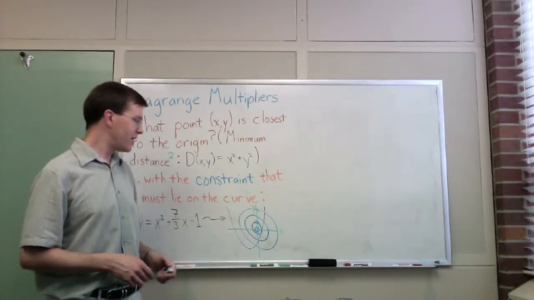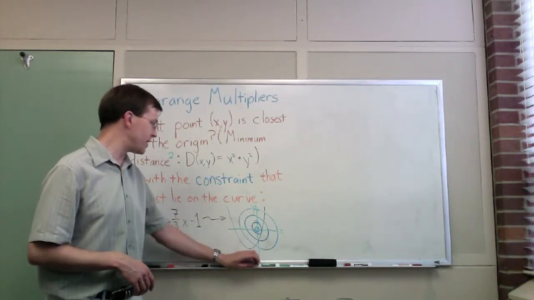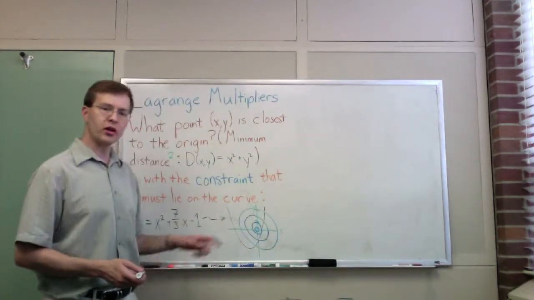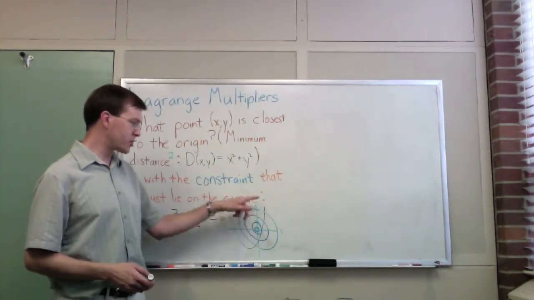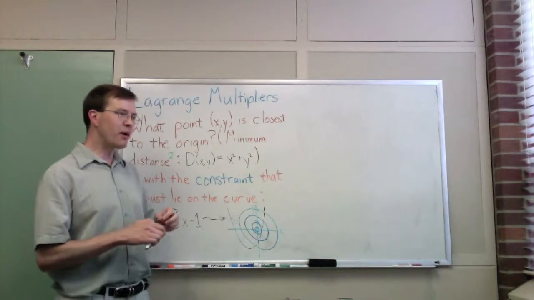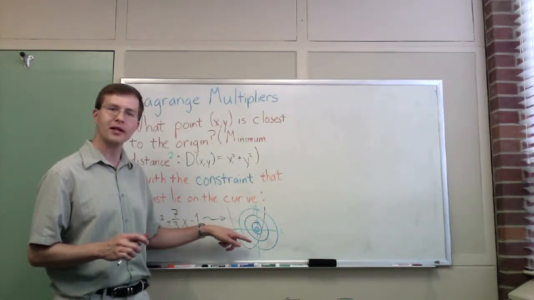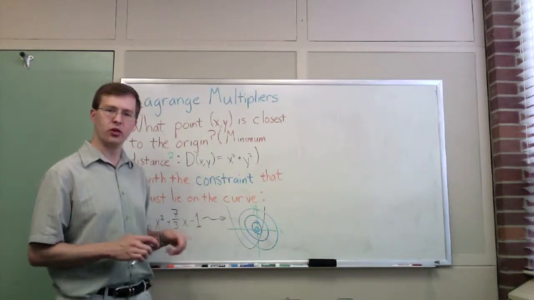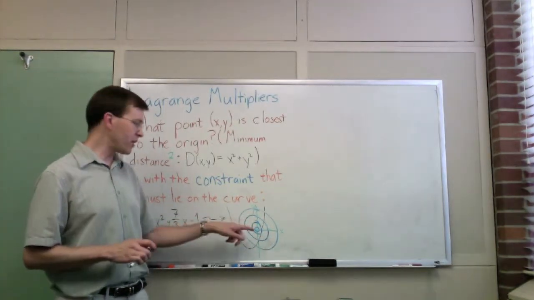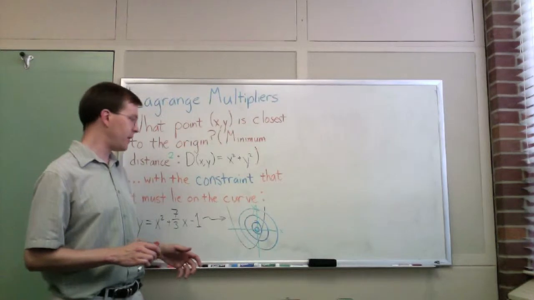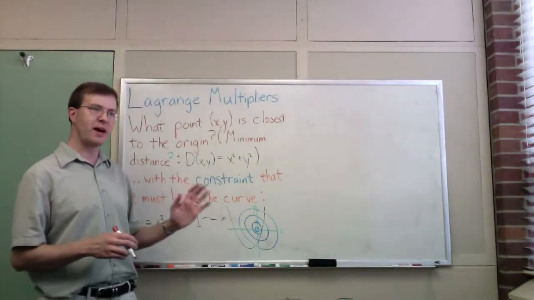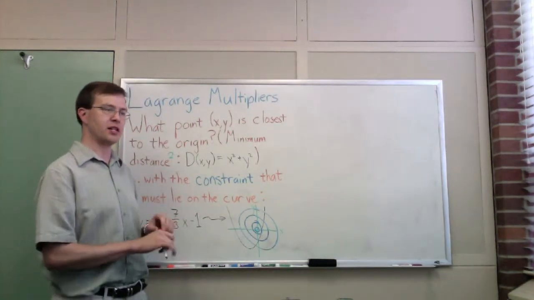Hopefully that's clear. Now here's the really cool, sneaky bit about this. If you look at the way this works, think about the direction, maybe think of it as the slope of the parabola at that point, and the slope of the circle at that point. At the place where they touch, those match perfectly. The slopes match up. They're just completely touching. It's great.